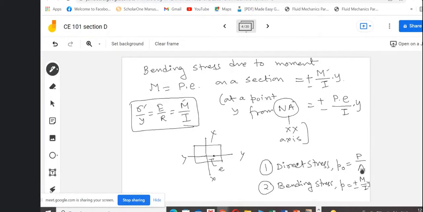Now we will see how, when these two are summed up or added, they give us the resultant stress, and when these two are reduced from each other, how the resultant stress looks.